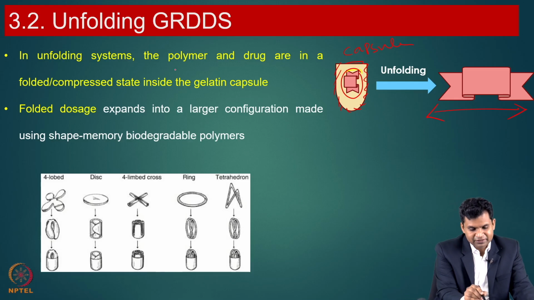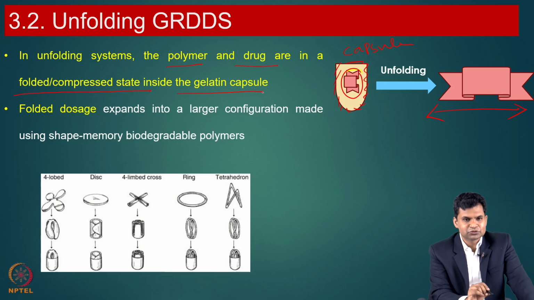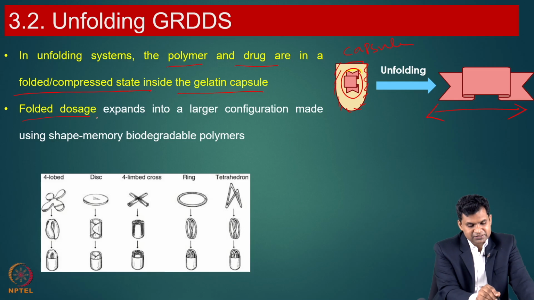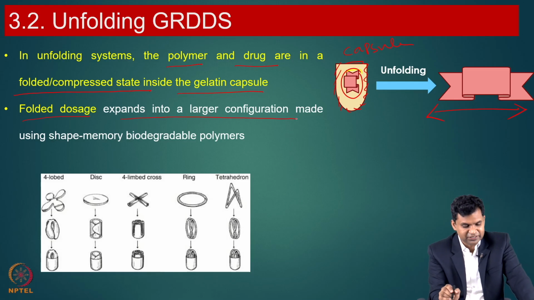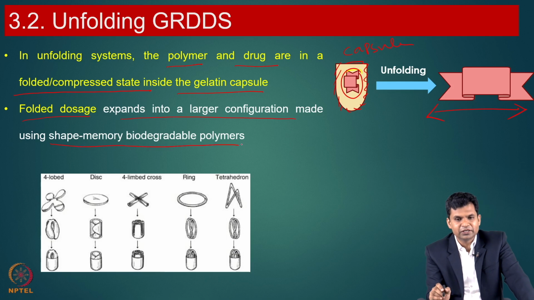We can read here, we use polymer and drugs in a folded or compressed state in the gelatin capsule. The folded doses expand into a larger configuration made using shape memory biodegradable polymers.